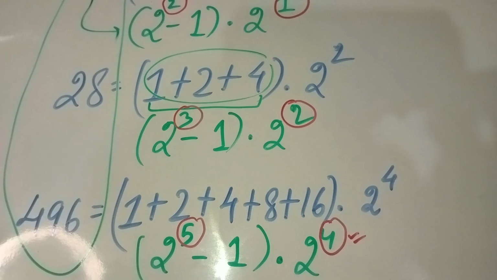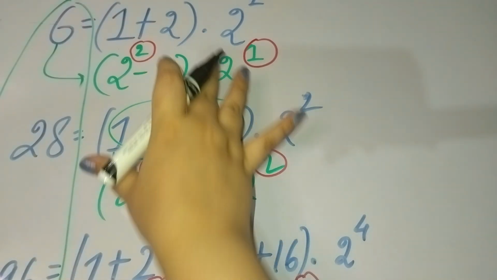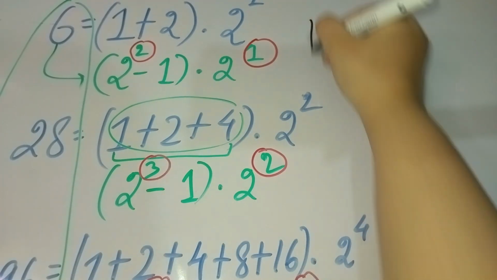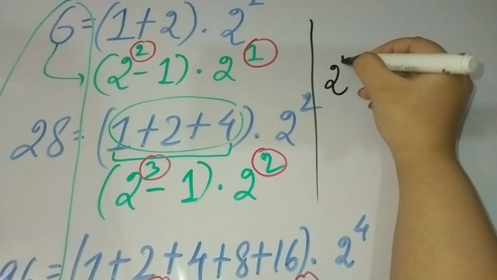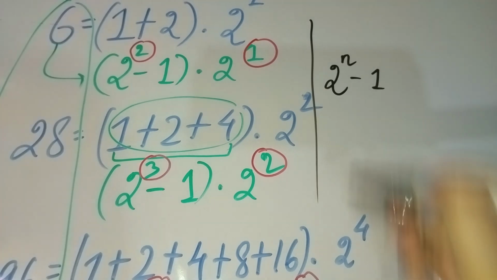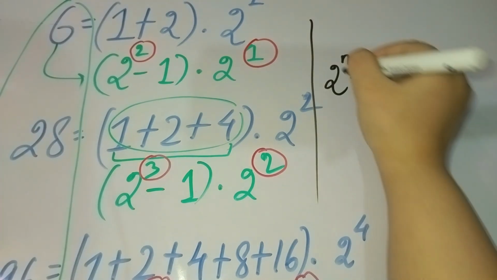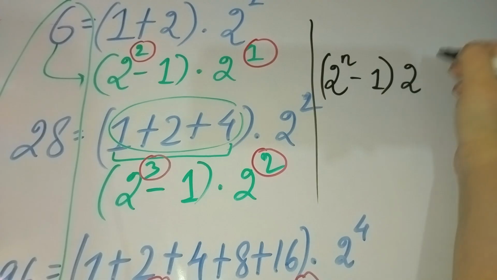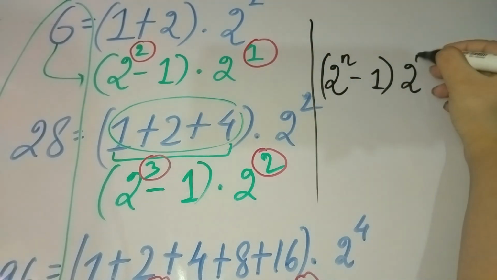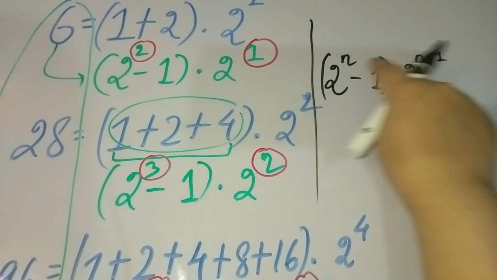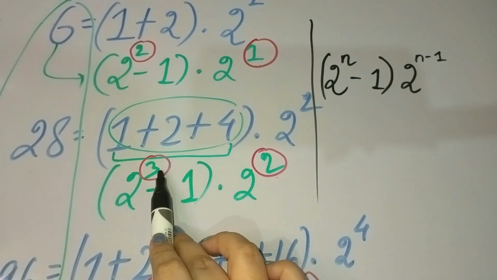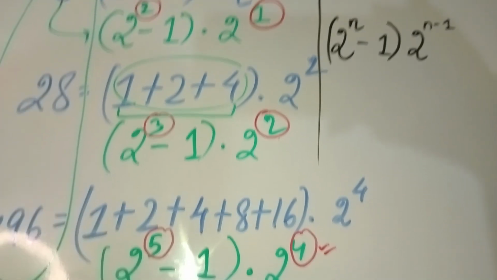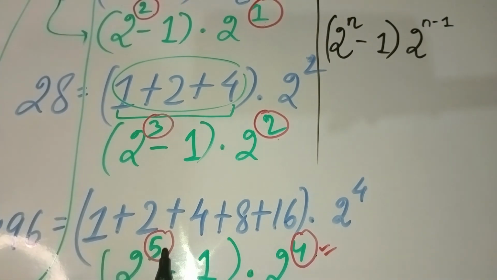Let me write it again. So you can see from the 3 examples that if this is 2 to the power n minus 1, and I multiply it by 2 to the power n minus 1, one less than this number, see, this is 1 less than 3, this number 4 is 1 less than 5.